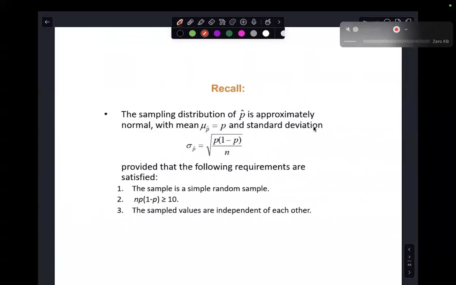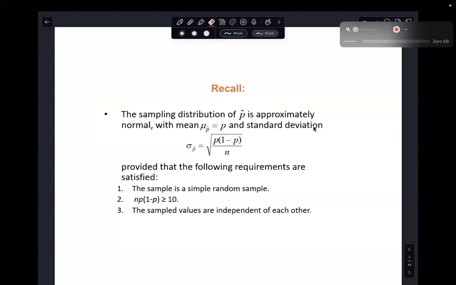Also remember, if our sampling distribution is normal, we will use this new standard deviation. So when we're dealing with samples with our sample proportion, when we don't know the actual population proportion, or when it's an estimate or a prior knowledge or whatever, we use this new standard deviation, or the standard error.